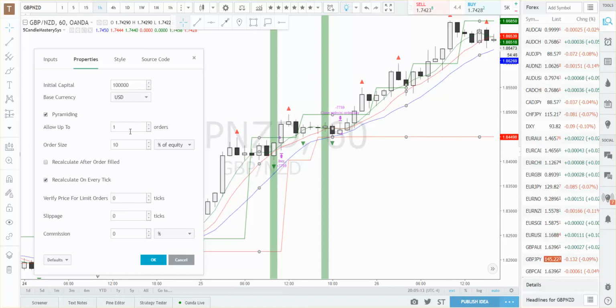Currently it's defaulted to 1. Down here you can set the order size. Currently it's set to 10% of equity. So basically, for every single position, I am trading 10,000 units of that particular pair.